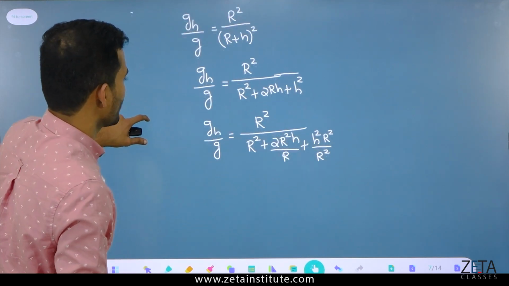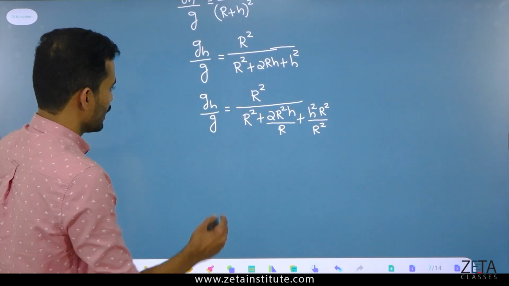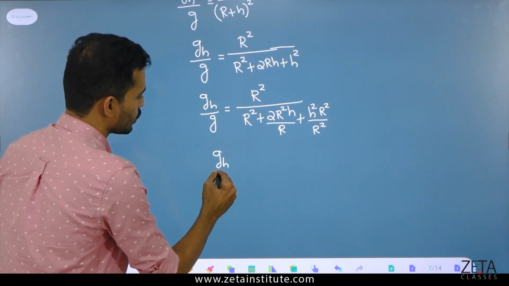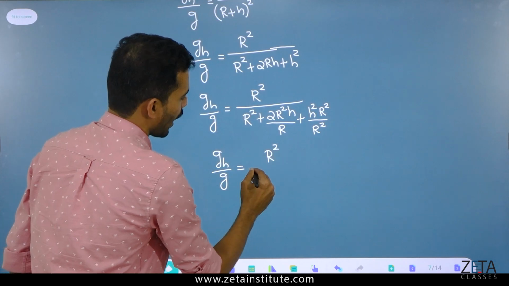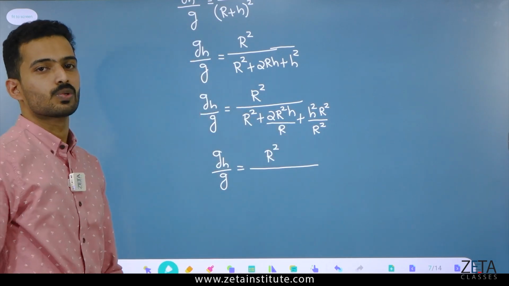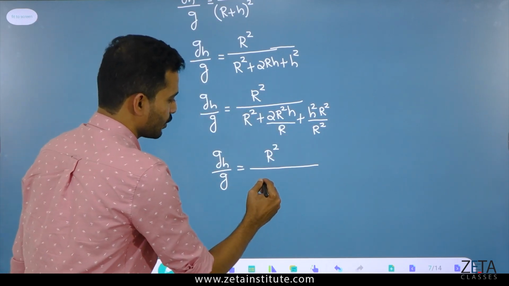Okay, then what is the next step? So gh by g is equal to r square divided by, take r square outside. So how will the equation be?